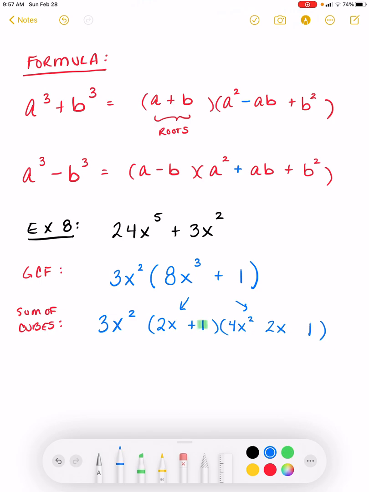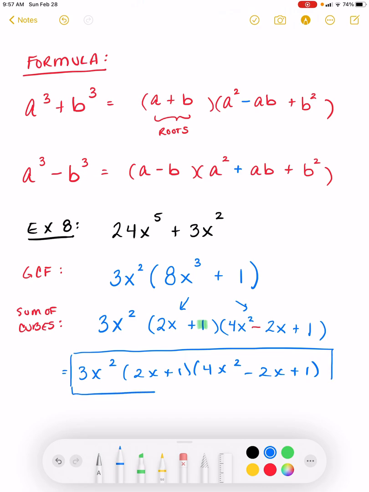And the signs go same sign, opposite, and this one's going to be always positive, okay? And this would be your answer. It would be 3x squared times 2x plus 1 times this trinomial 4x squared minus 2x plus 1. And that's where we're going to start combining a couple different factoring methods, okay?